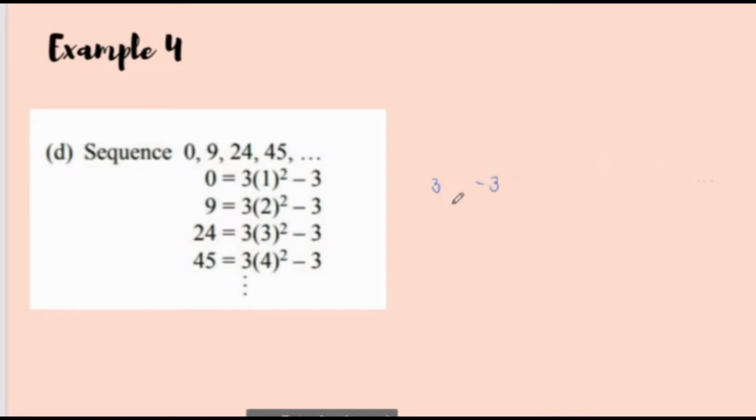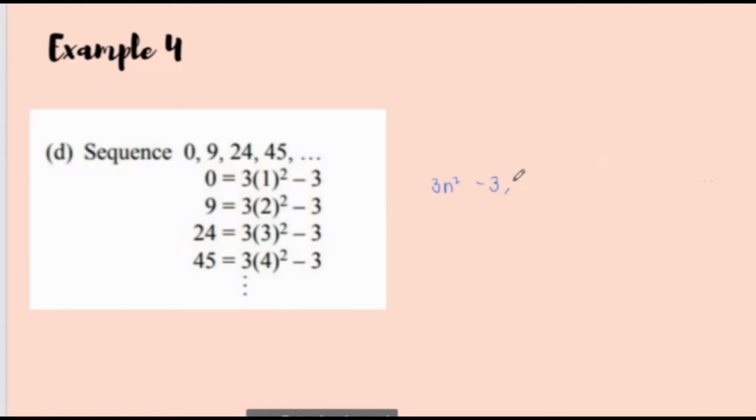And then, look at 1 squared, 2 squared, 3 squared, and 4 squared. They all are different. So what you need to do is put the numbers 1, 2, 3, and 4 as n. And don't forget to write down the square. That is n squared. So 3n squared minus 3.